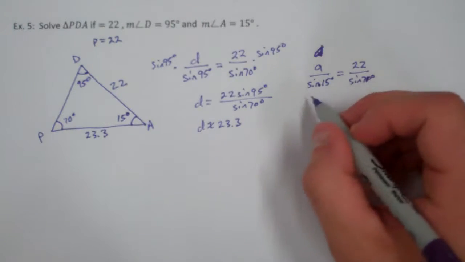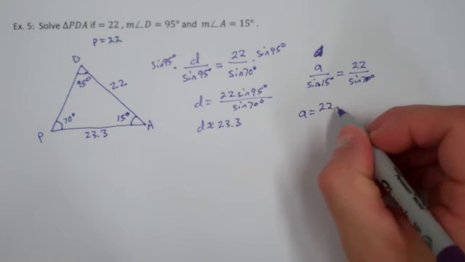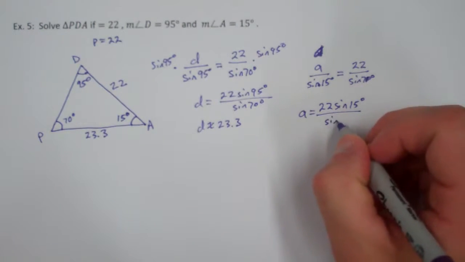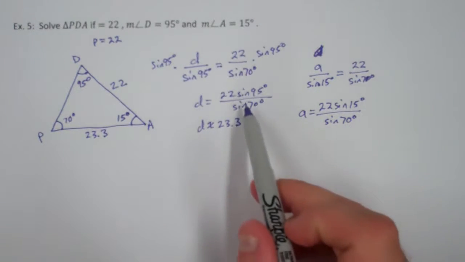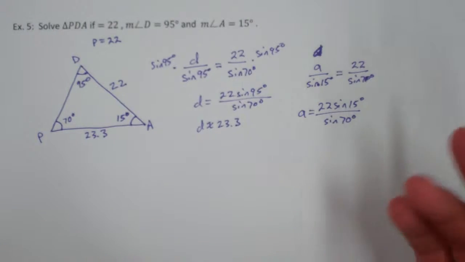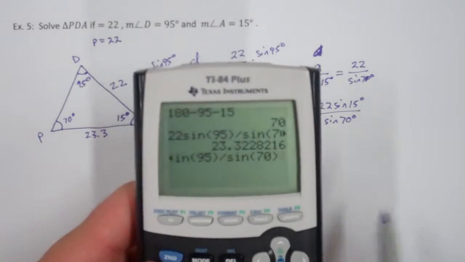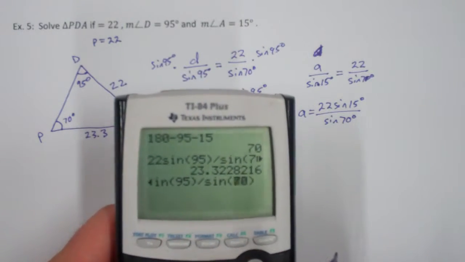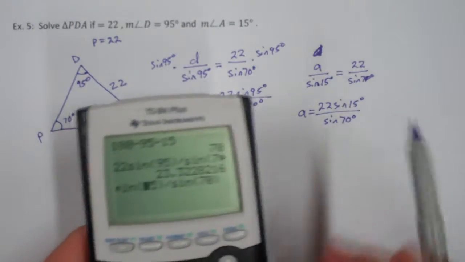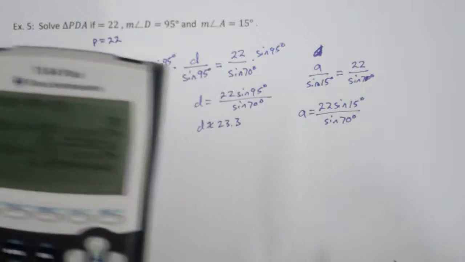And then when we solve this by multiplying by sine of 15 degrees on each side, we'll have A is equal to 22 sine of 15 degrees over the sine of 70. So you'll note here that the only thing that's different is the 95 and the 15. So if you're a little bit crafty, you can just hit second enter in your graphing calculator and just cursor over to that 95, which we're going to change into 15, and just hit enter. And we get about 6.1.